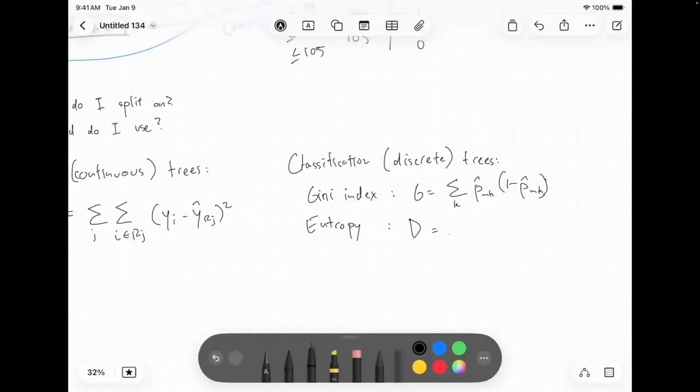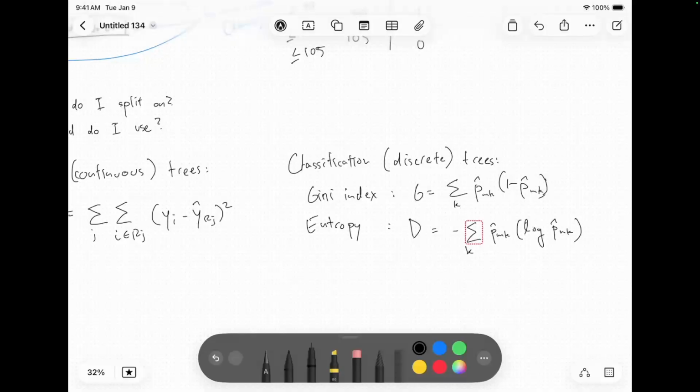Entropy is equal to the negative quantity of something pretty similar, except you're doing the log of the fitted probability.